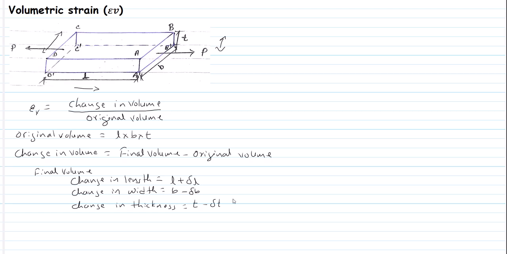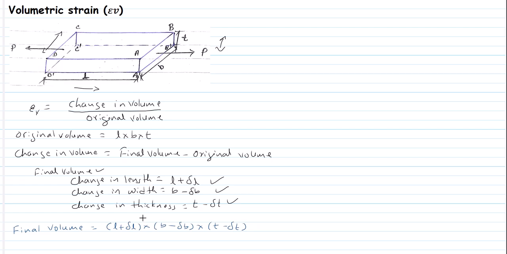So now, once I know this change in length, width and thickness, I can compute this final volume, right? If I write it for final volume, it is nothing but length into width into thickness.